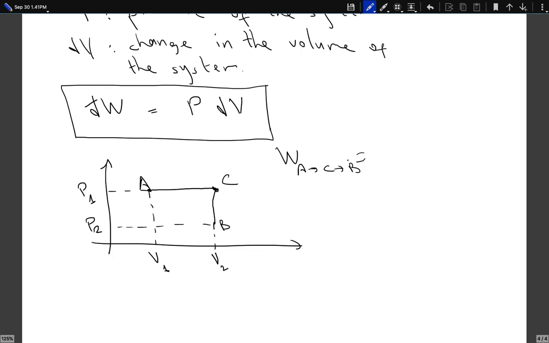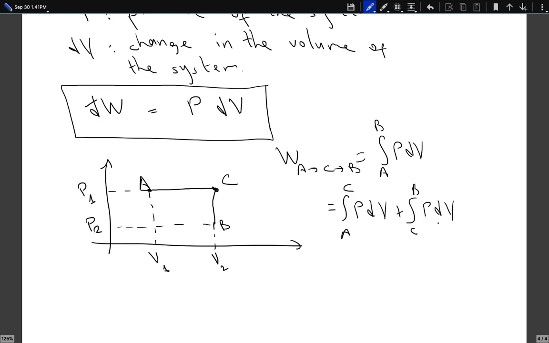Well, what is the work done as I go from A to C and then from C to B? The work done will always be the integral of PdV.